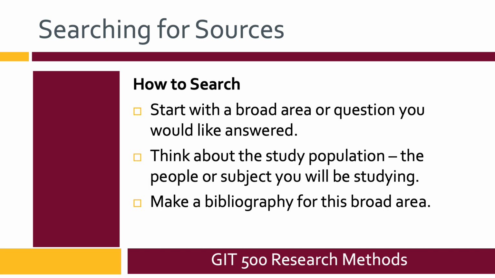The first step in a literature review is to search for sources. Once you know what topic and topic areas you want, or at least the broad question, you'll start with that broad area or question that you'd want answered, and look for sources related to that topic.